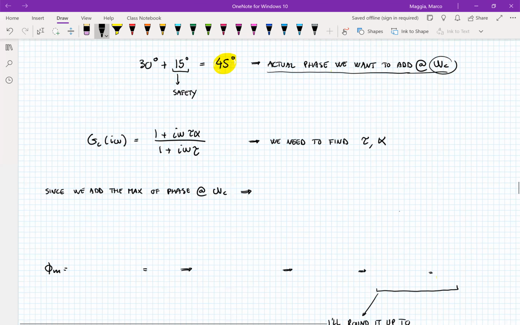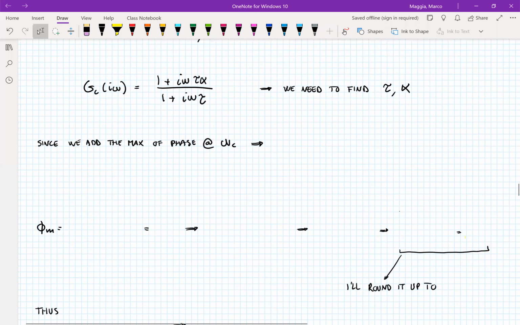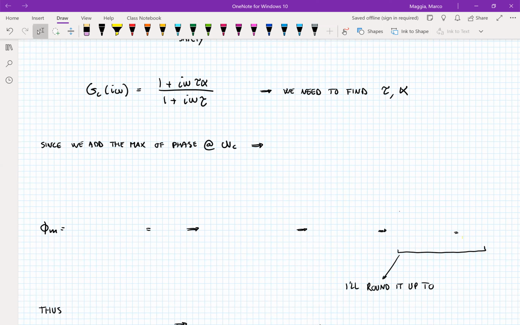Well, we already know that we want to add the maximum of the phase at our old crossover frequency. The maximum of the phase happens at omega m. So we equate omega m with omega c. And remember, omega m was 1 over the square root of alpha times tau. And so that is equal to the old, uncompensated crossover frequency of 15.42.